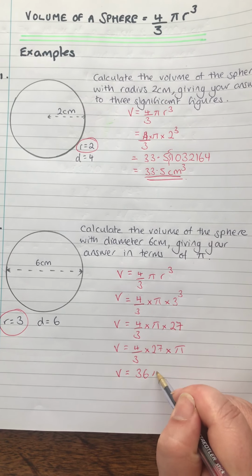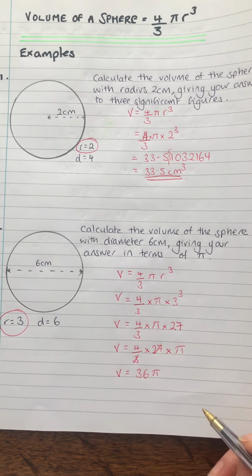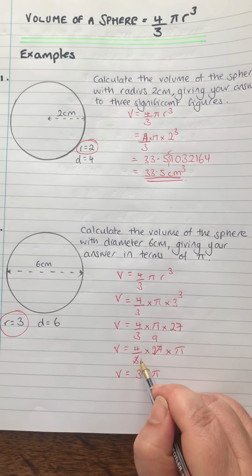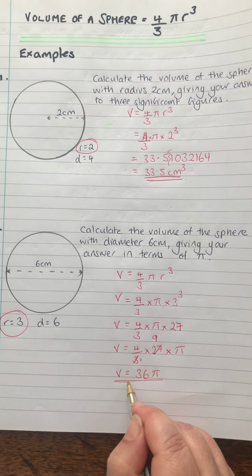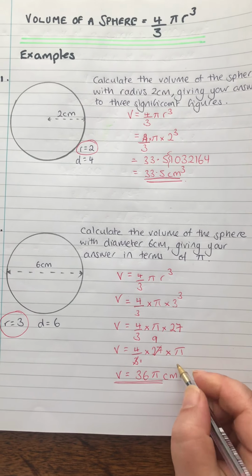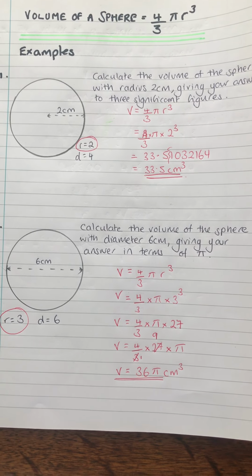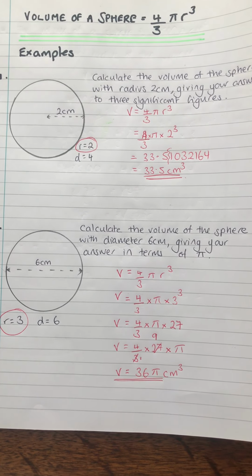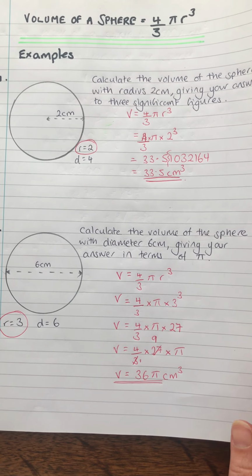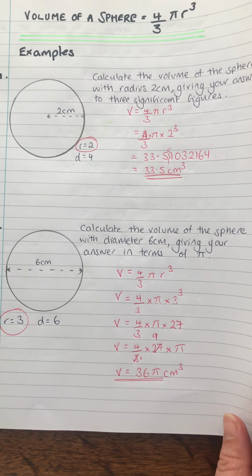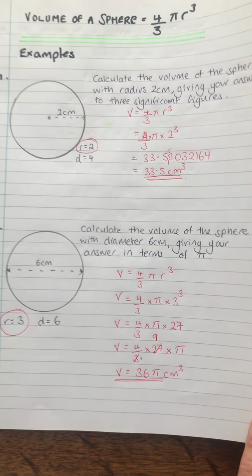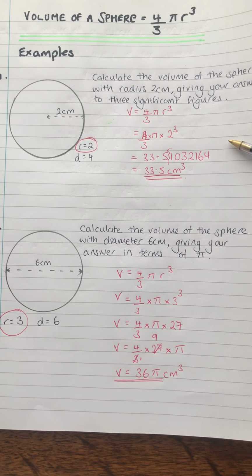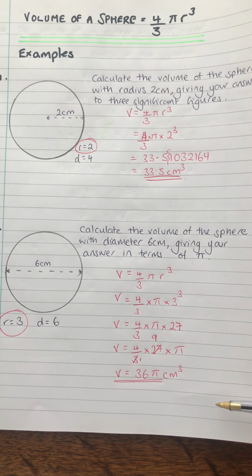What we could also do is simplify. 3 goes into 3 once and into 27 9 times, giving me an answer then still of 36 pi centimetres cubed. And I don't need to put that into the calculator. Okay, so these are 2 straightforward examples of how you might see the volume of a sphere, firstly on a calculator paper and secondly on a non-calculator paper.